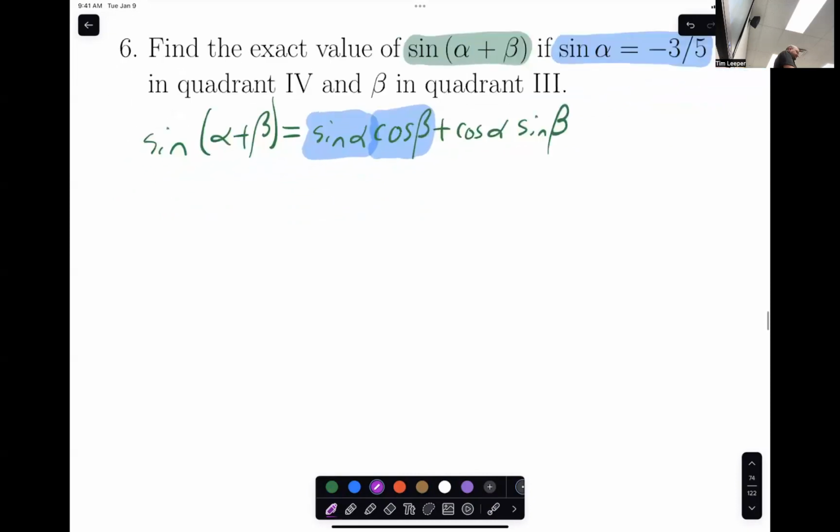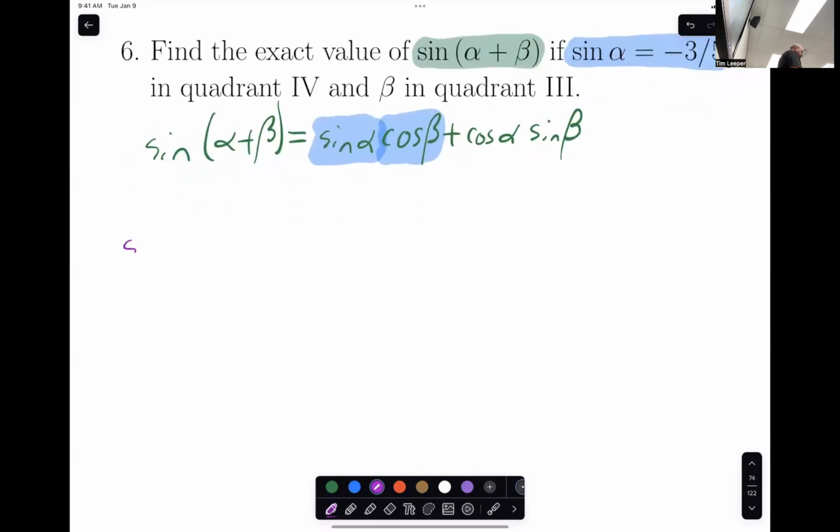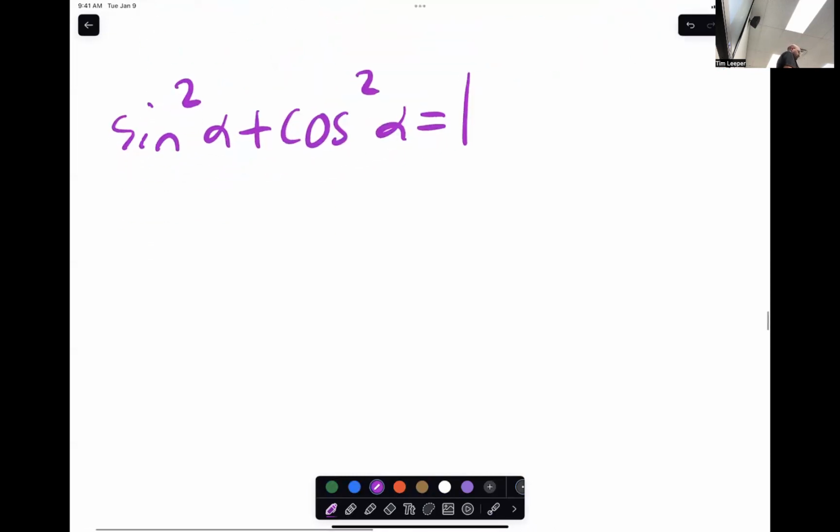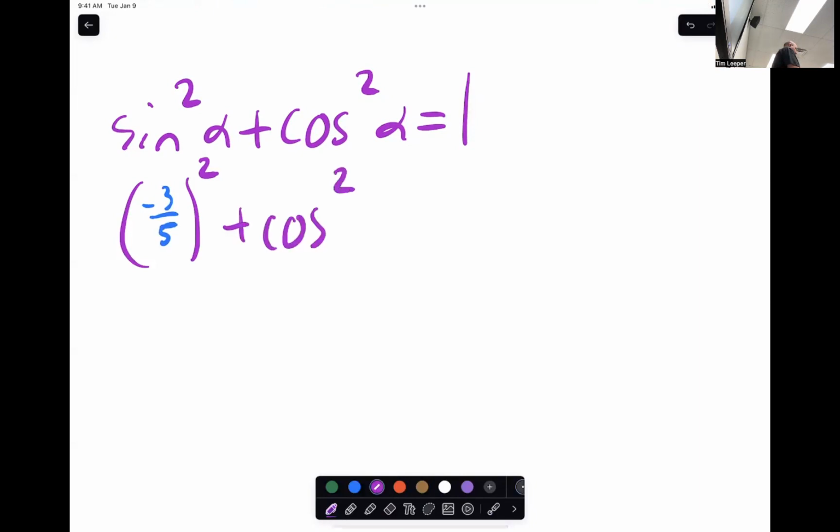So sine alpha is -3/5, right? So the fundamental identity of trigonometry is that sine squared alpha plus cosine squared alpha equals 1. And notice that we know what sine alpha is. Sine alpha is -3/5. So I'm going to replace the sine alpha with -3/5. Make sure you do it in parentheses though. And then plus that cosine squared alpha will equal 1.